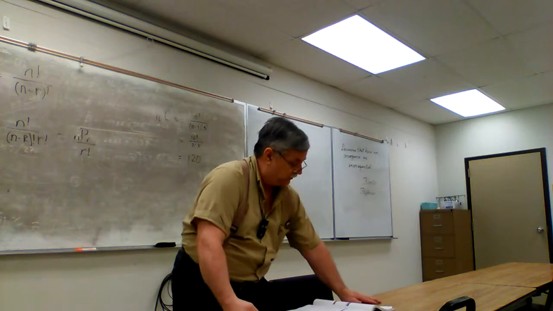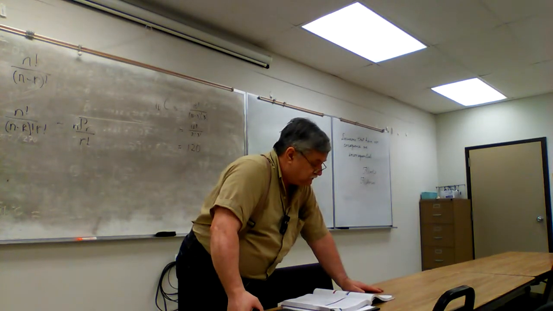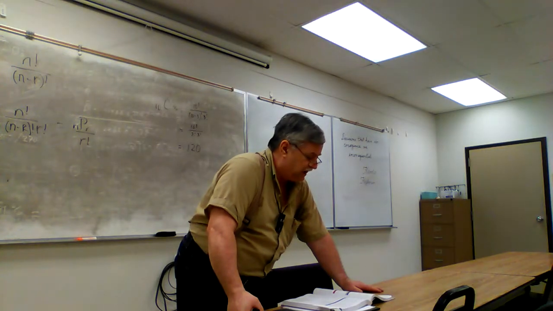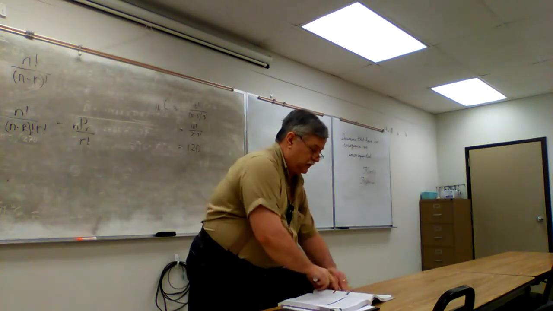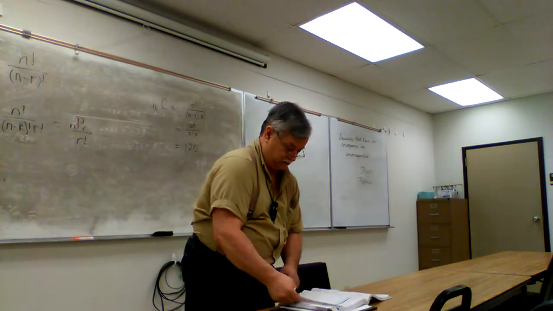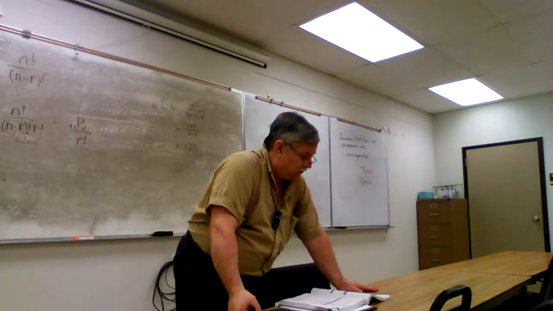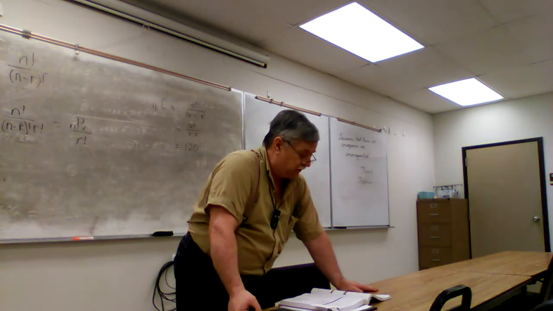There is one more example they give. It says, in a club there are 7 women and 5 men. They are going to put together a committee of 3 women and 2 men. So how many different possibilities are there?